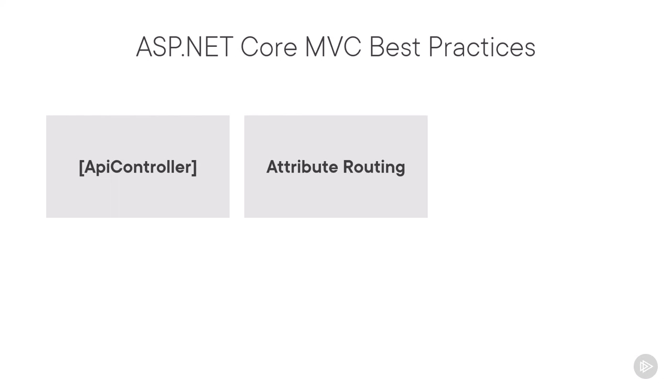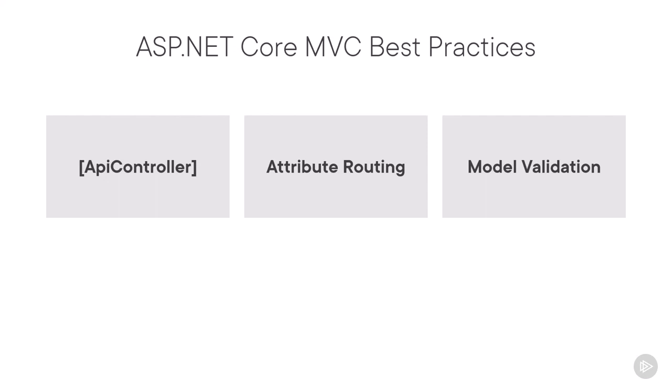Model binding, and especially model validation, are two great features of ASP.NET Core MVC. And if you use API controller, you get model validation with 400 bad request responses being returned automatically. This can dramatically reduce how much work you need to do in each of your action methods.